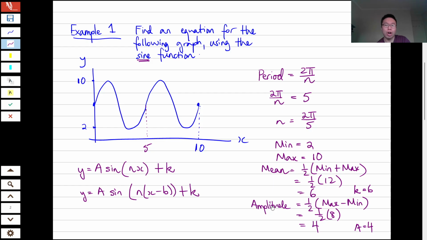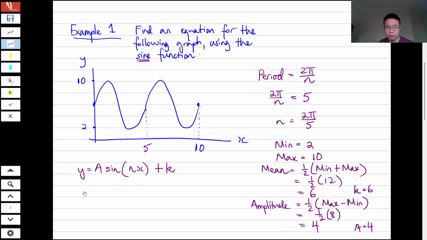Obviously, this complicates matters. And since this is a positive sine graph, where it's increasing at x equals 0, there is no need for us to introduce a reflection. And most people prefer to keep the number multiplying the sine positive. So we'll stick with that strategy. We will keep capital A as positive, and we will not require a horizontal translation here.